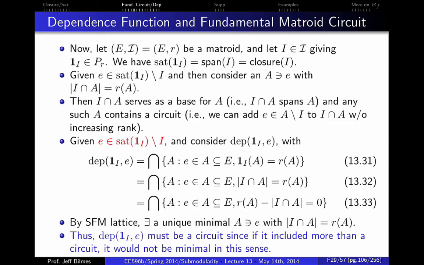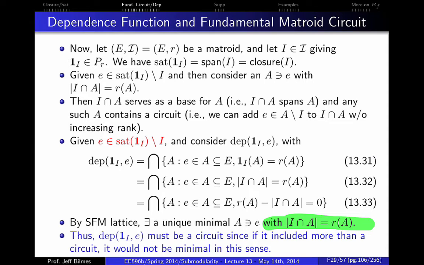It's a circuit in the matroid. The circuit would be the minimal set that when you add E to it, there's the dependence, right? And the dependence is guaranteed by this property, that the size of the intersection is equal to the rank.